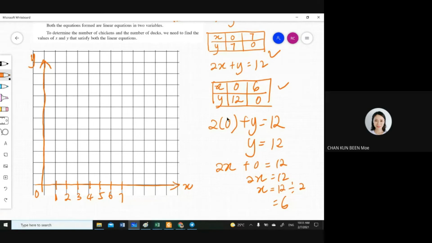So for the y-axis, we must have 0, 7, 12, 0. You must include all of this, meaning that the maximum value is 12. So I'm going to label until 12. All these marks, you must draw all the markings for this. Because I noticed in the previous year, the students that I've taught didn't do the marking.